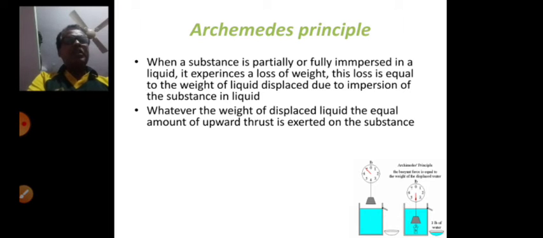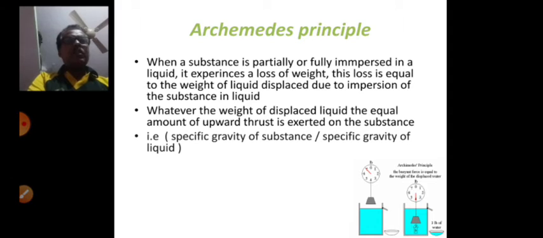Using Archimedes principle, we can calculate the relative density of a substance. Relative density is given by the specific gravity of a substance divided by the specific gravity of a liquid, which may be water.